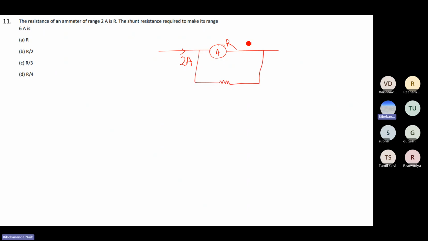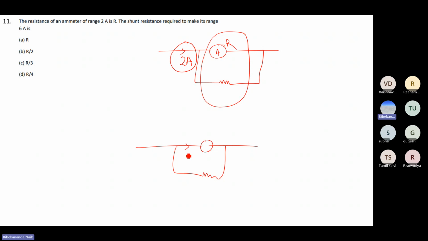So this is the whole circuit. Initially the range was 2 ampere, but when you make the circuit by connecting a shunt, we want to make the range 6 ampere.